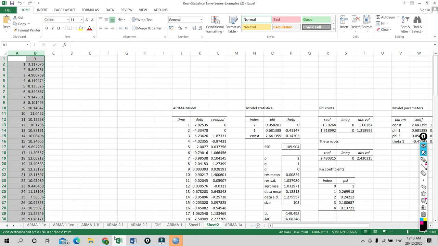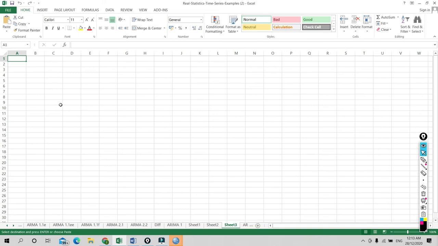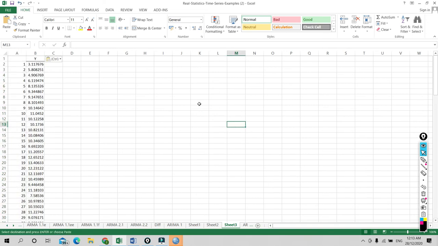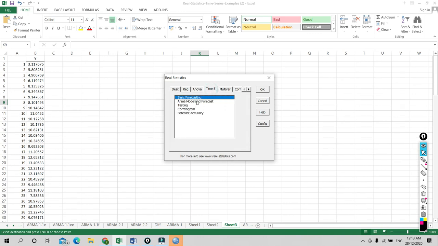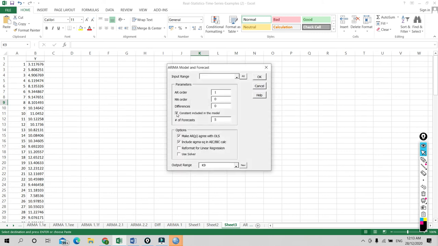Okay. Go to new tab here. I go to control M. So I try to get the new model here, ARIMA model. So I do not want to put a constant here, okay? Because here I put 2, 0, and 1. There are no different things.